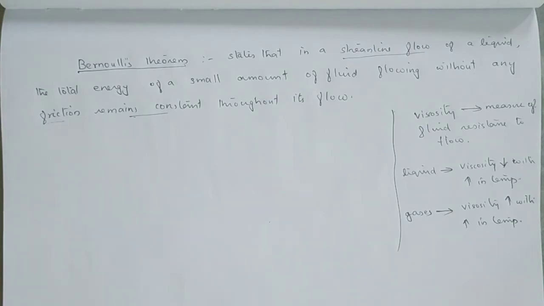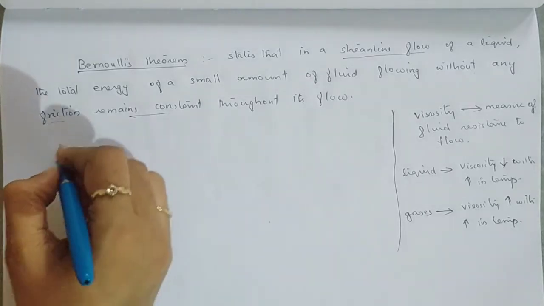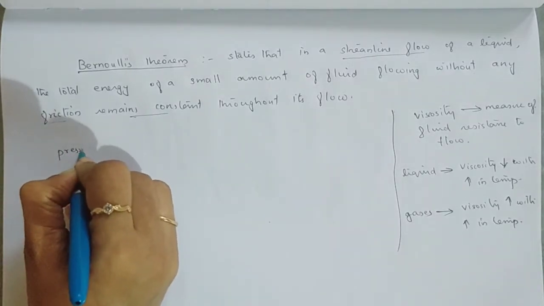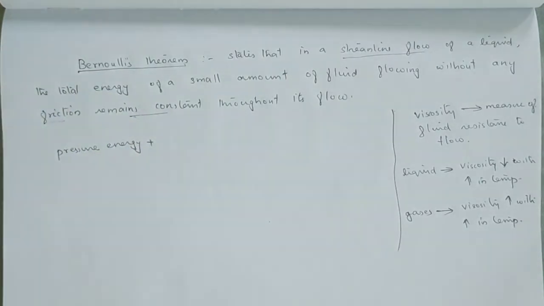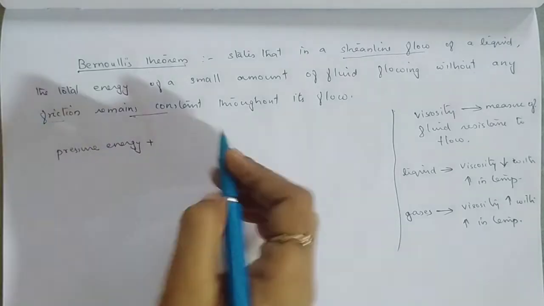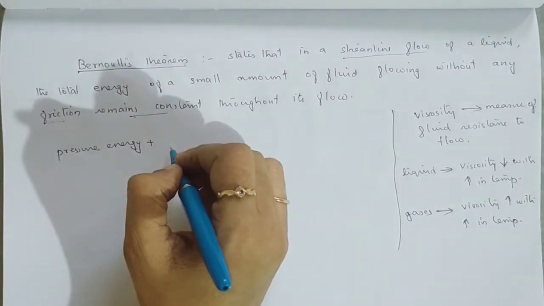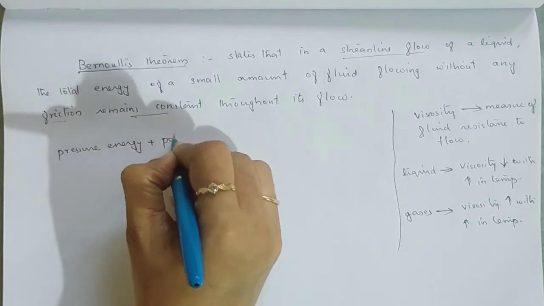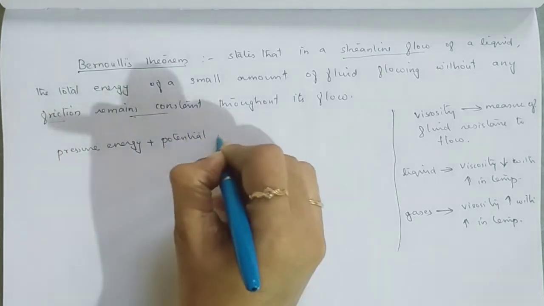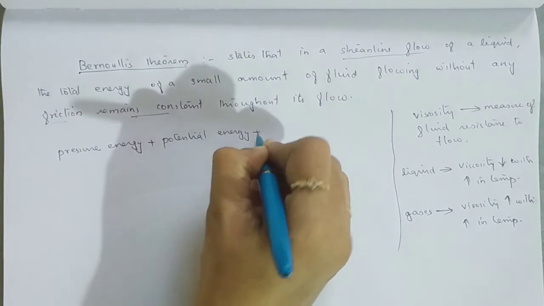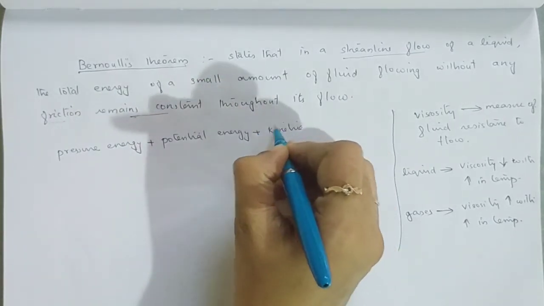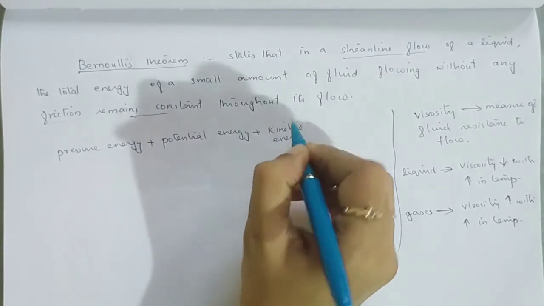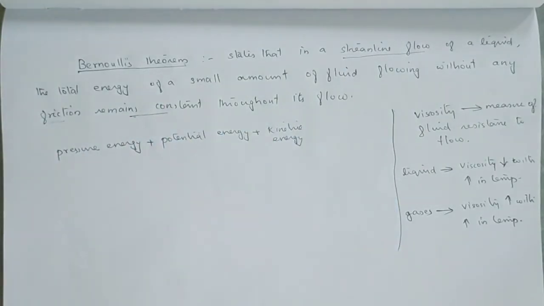When we say total energy, there are three energies: pressure energy, potential energy, then kinetic energy, remains a constant.